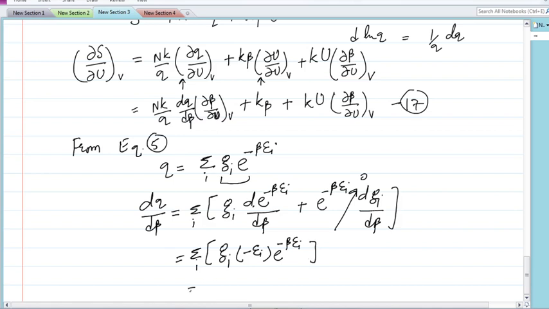or you can simply take the minus outside, so you can write it as minus summation over i of gi ei e raised power minus beta ei, and it will be again, now here it will remain as e.